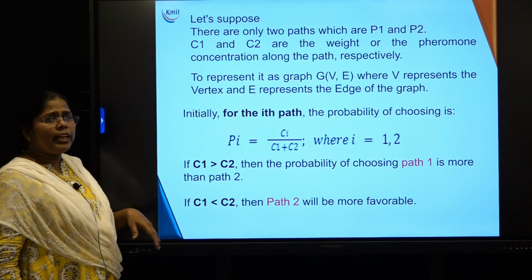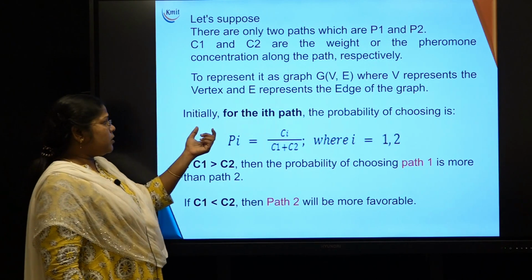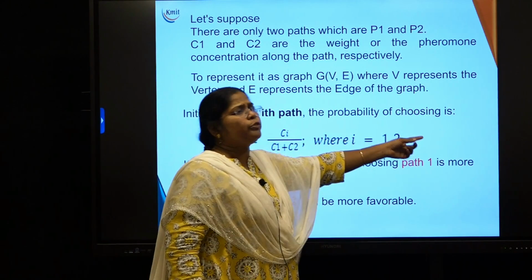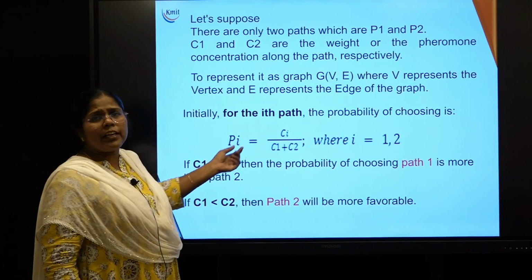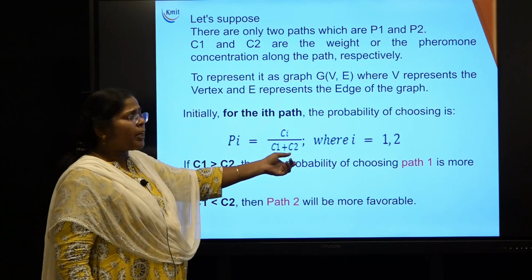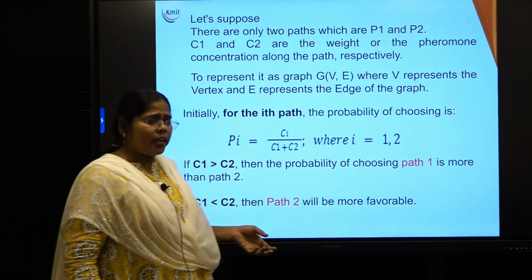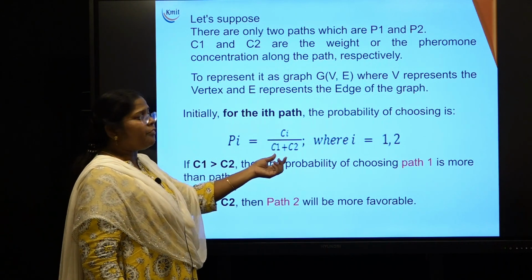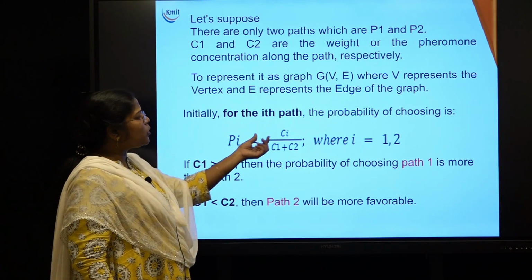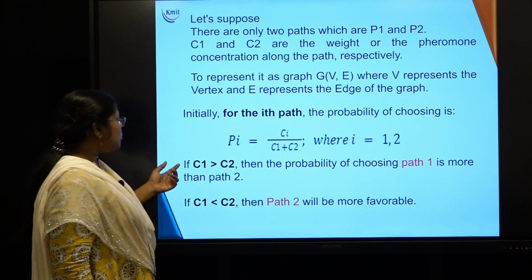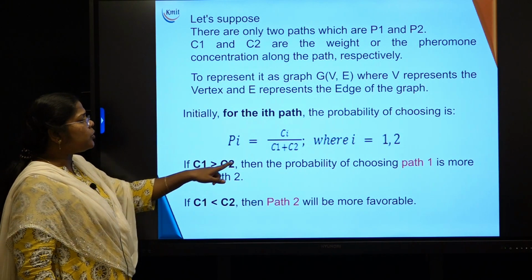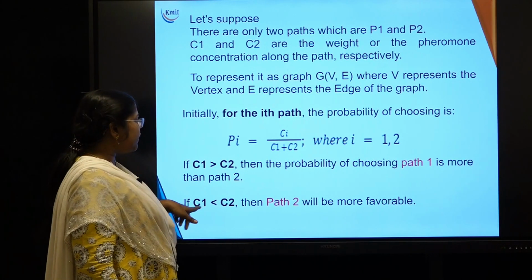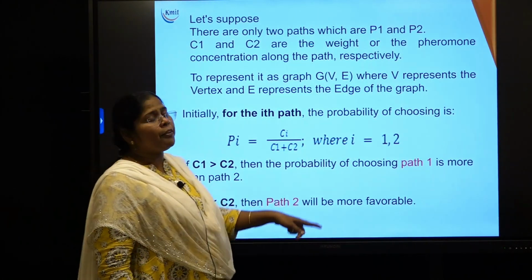Initially, the algorithm chooses the ith path so that the probability of choosing the path is Pi = Ci / (C1 + C2), where i = 1, 2. So P1 = C1 / (C1 + C2), P2 = C2 / (C1 + C2). If C1 is greater than C2, then the probability of choosing path 1 is more than path 2. If C1 is less than C2, then path 2 will be favorable.